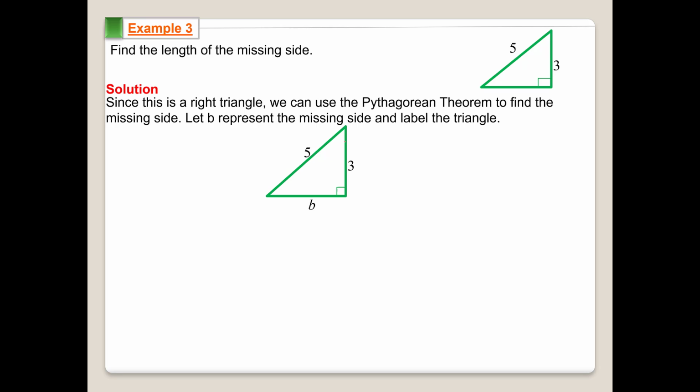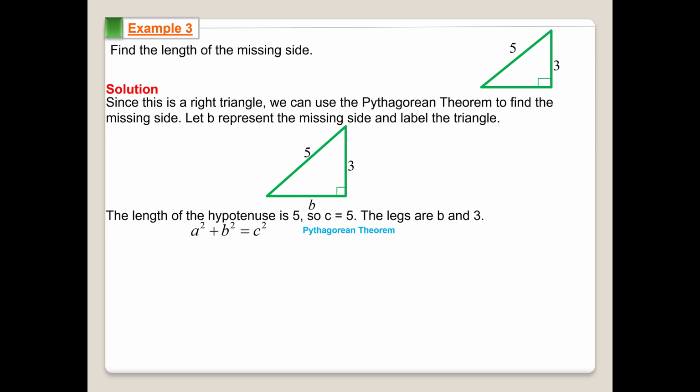So we're going to label the missing side B, and the length of the hypotenuse is 5. So C is 5 and the legs are B and 3. If we have a squared plus b squared equals c squared, let's substitute in those values. We know that a squared is 3 squared, b squared, and we know our c is 5, so we have 5 squared.